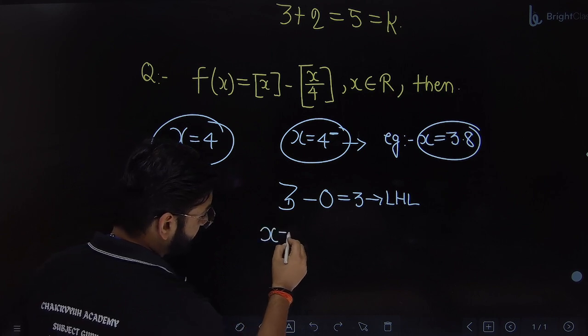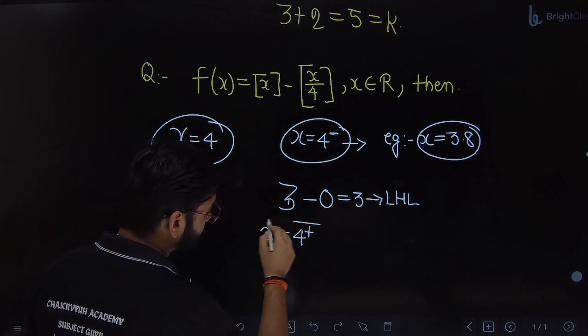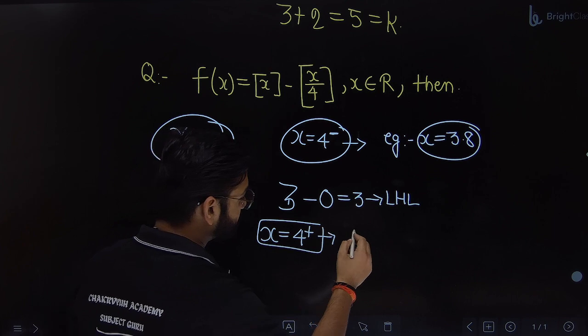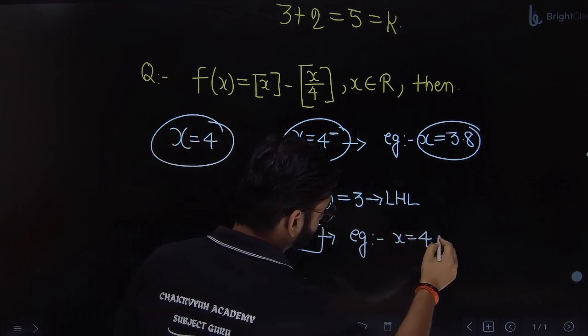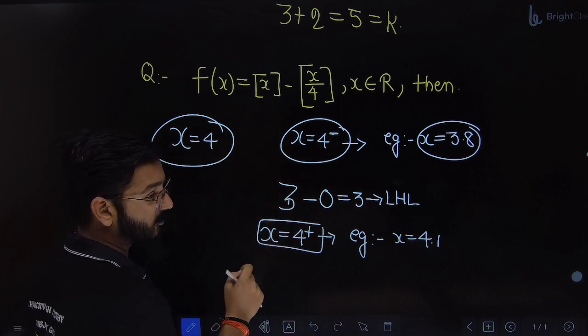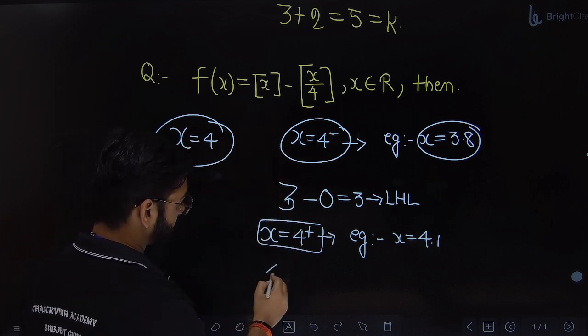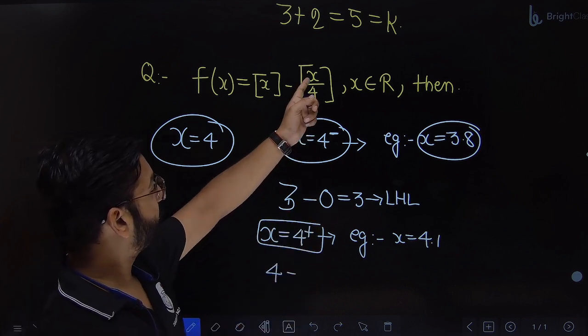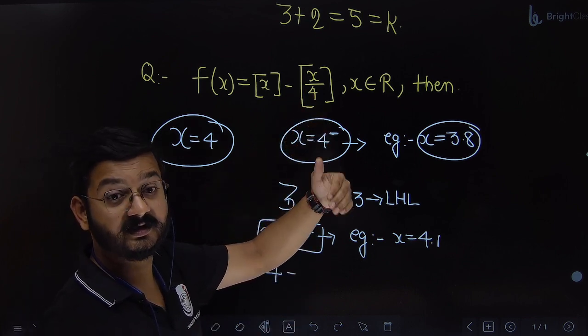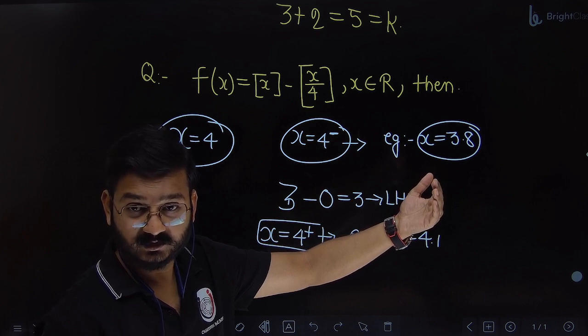Right hand, x equal to 4 plus. Take any value which is greater than 4, say 4.1. So what is the greatest integer of 4.1? 4. 4.1 by 4 will be greater than 1, correct.